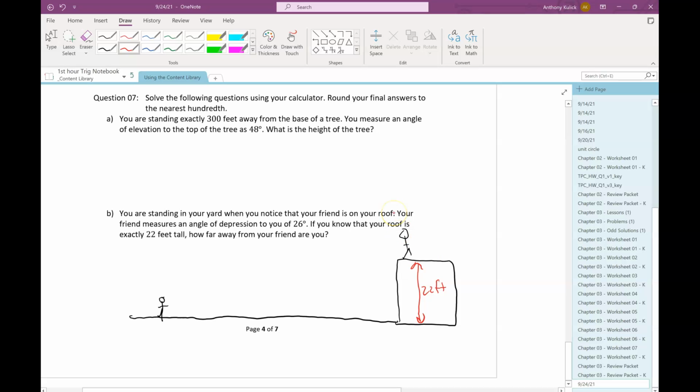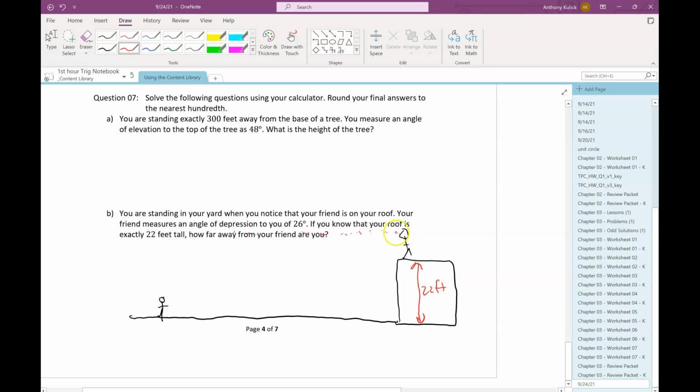Whenever you talk about an angle of depression or an angle of elevation, you're always talking about it relative to that person's line of sight. It says your friend, so it's talking about the person on the roof. If they're looking straight ahead, that's their line of sight, right?